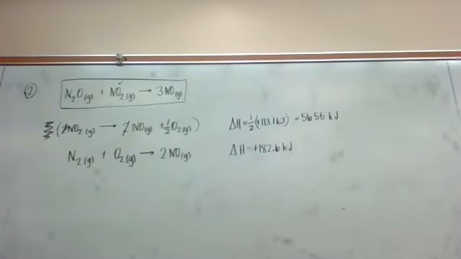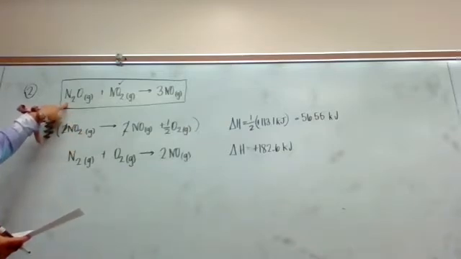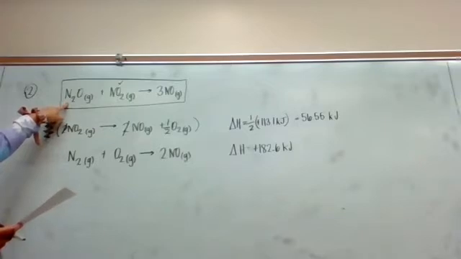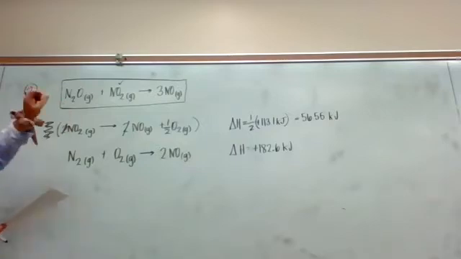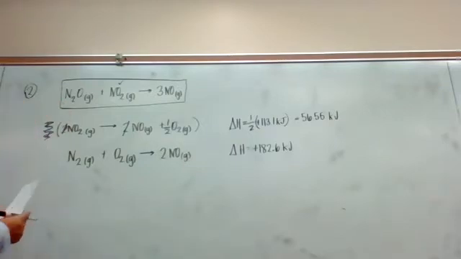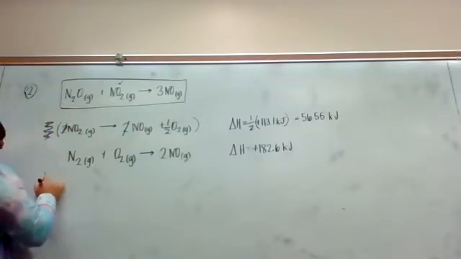All right, last equation. The only thing I need out of that last equation is this N2O. It's a reactant in that third equation, so I'll leave it as it's written. However, I only need one, there are two, so I need to multiply it by 1/2.